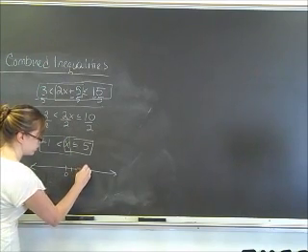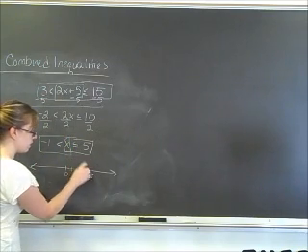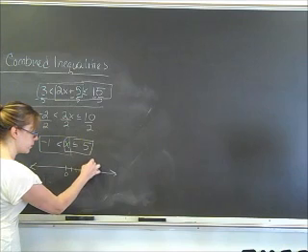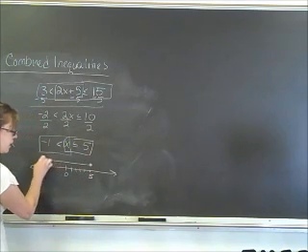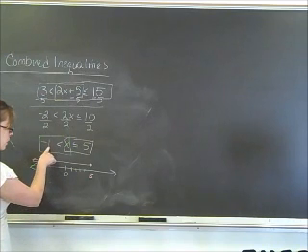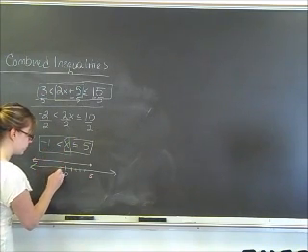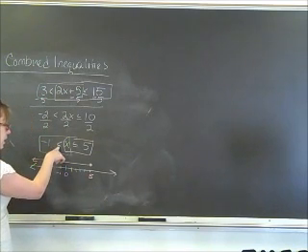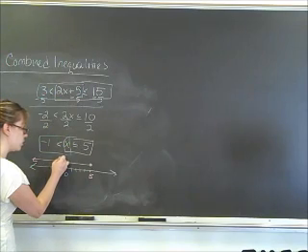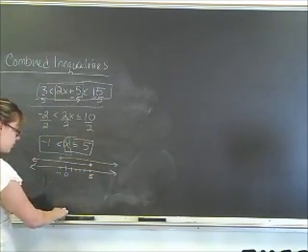So x is less than or equal to 5. Because there's an equals to sign, I use a closed dot, and I'm shading to the left for less than. Left goes less than. Then the other one, x is greater than -1. Because it's a greater than, and there's no equals to underneath it, I'm going to use an open circle, and I'm going to shade to the right.